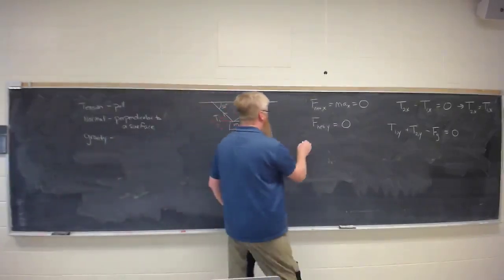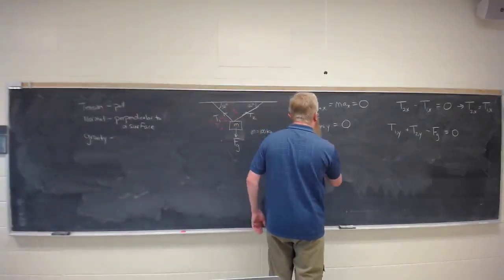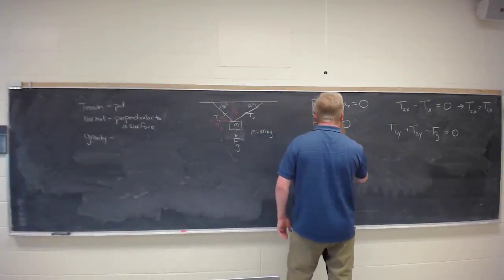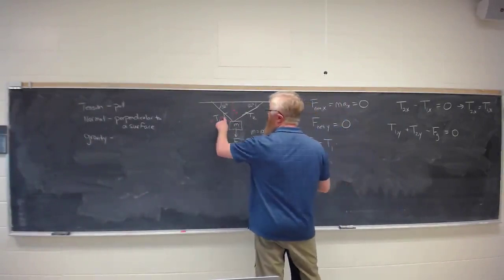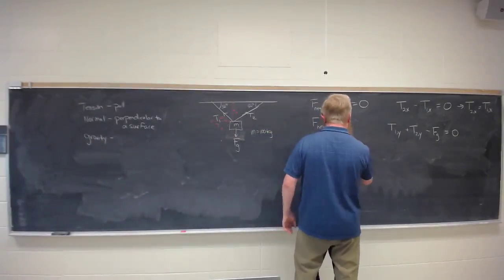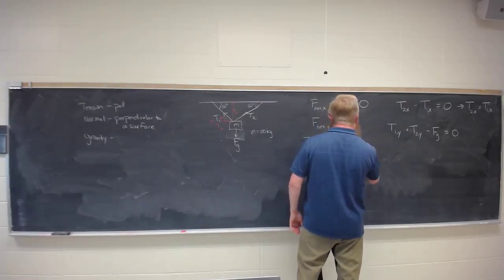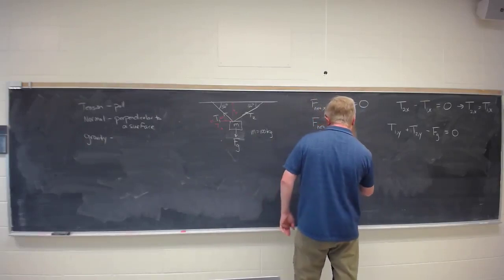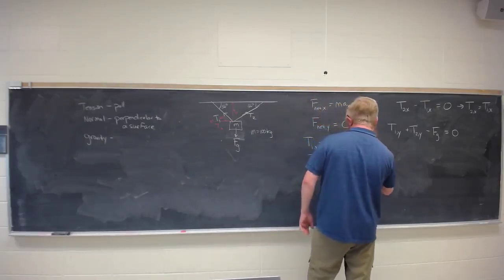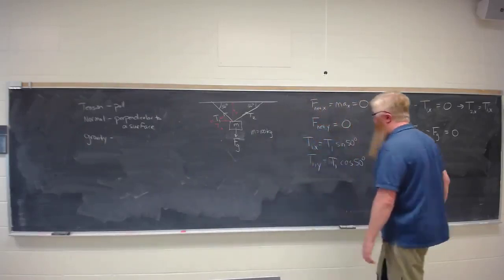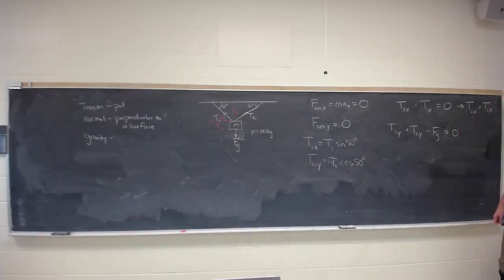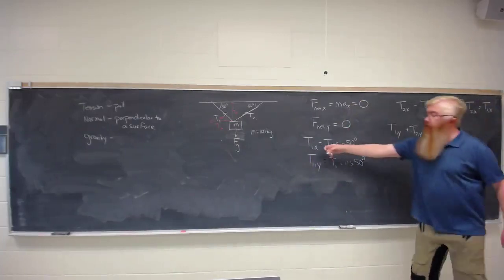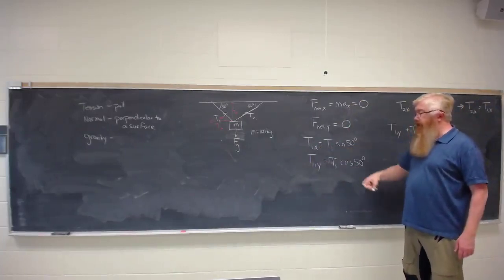So T1x is equal to T1 times the sine of 50 degrees. T1y is equal to T1 times the cosine of 50 degrees. So I took those two variables and turned it into one. I just need to know what T1 is.